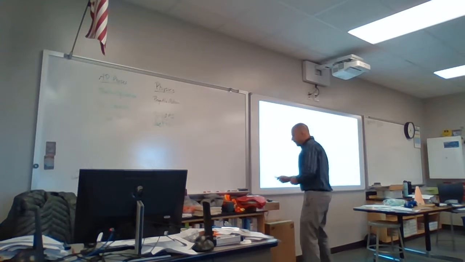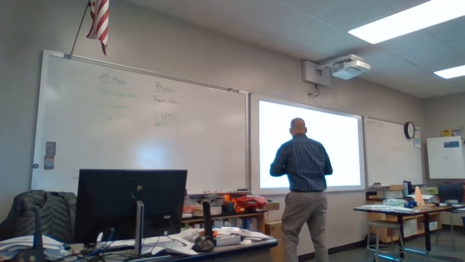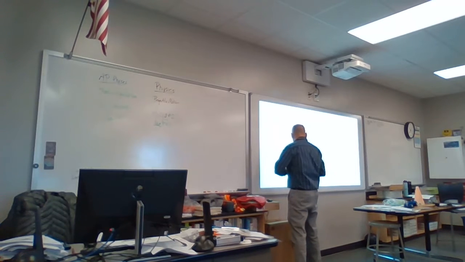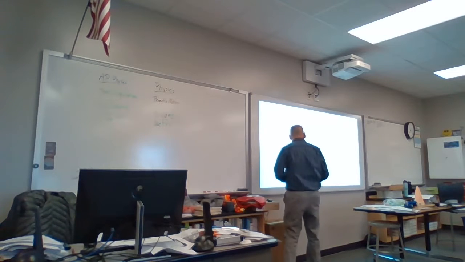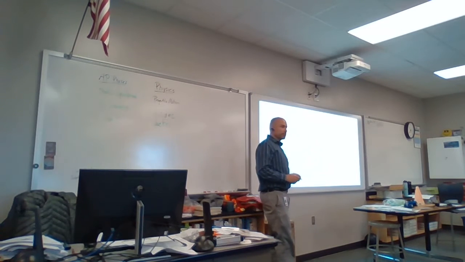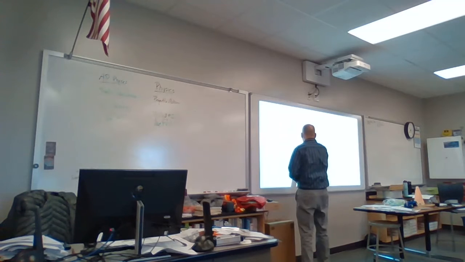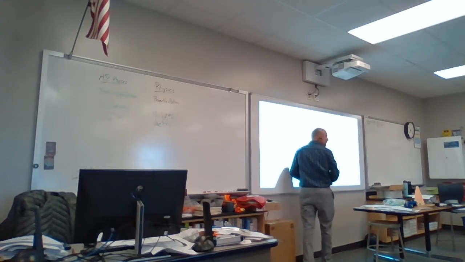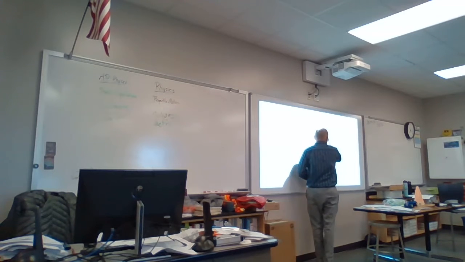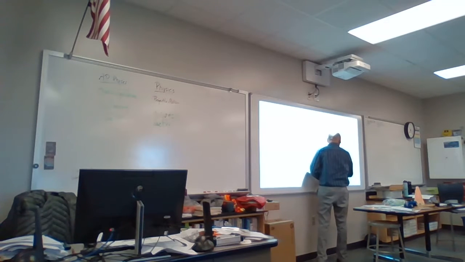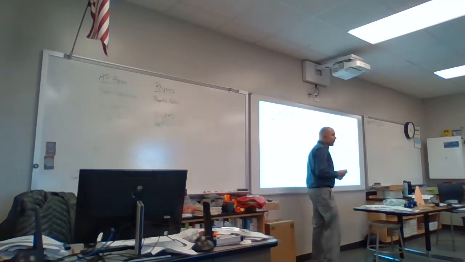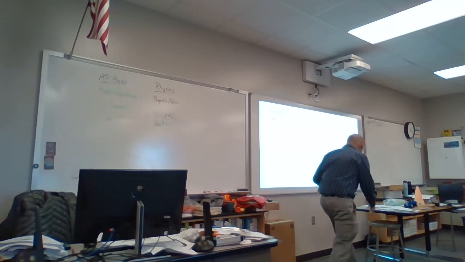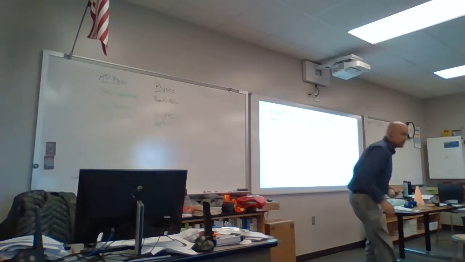Vertically, though, it starts with an initial velocity of 5 meters a second. It starts to slow down, at the highest point vertical velocity is 0, and it speeds back up in the vertical direction. Good with that?